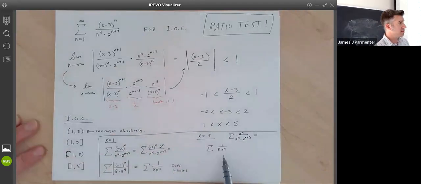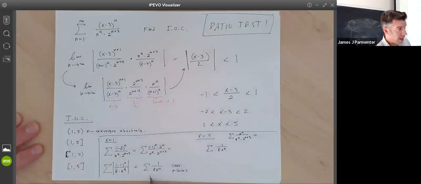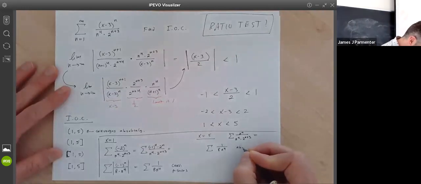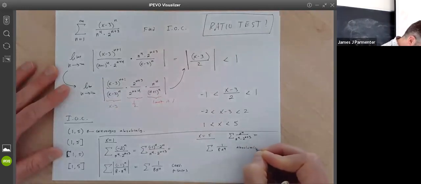Is that convergent? Yes, because it was over here. And also, if you see something that's convergent and it's not alternating, then it's automatically absolutely convergent, because taking the absolute value wouldn't change it. So this is also absolutely convergent.